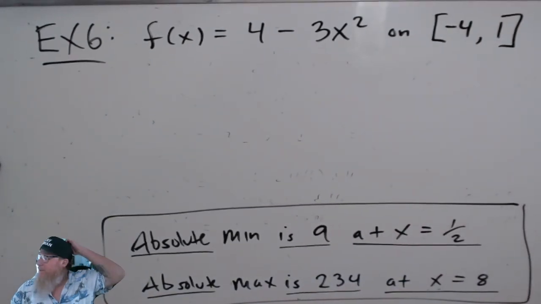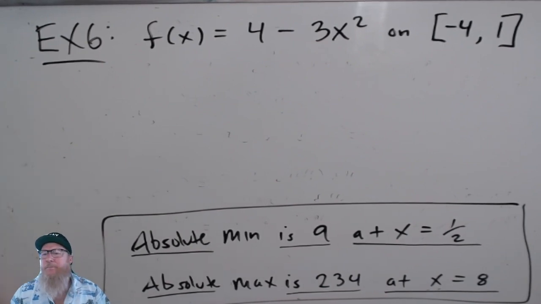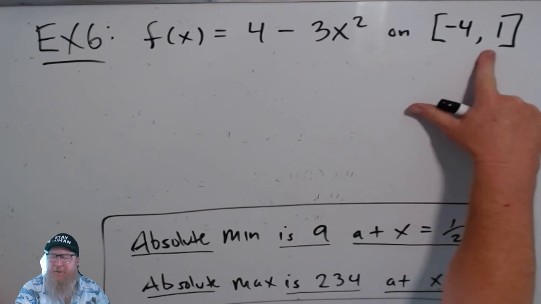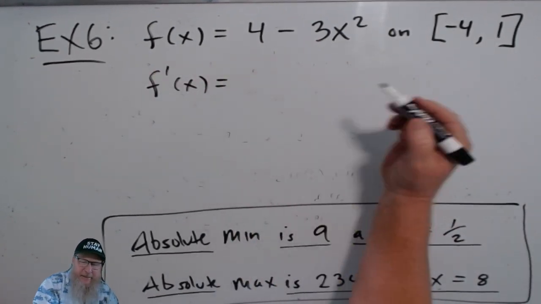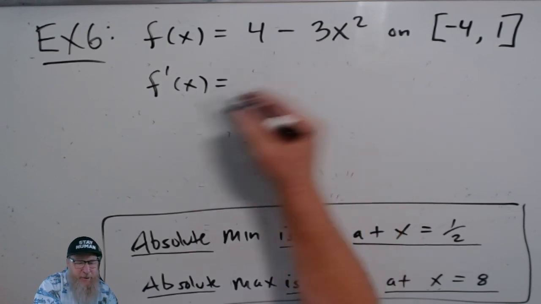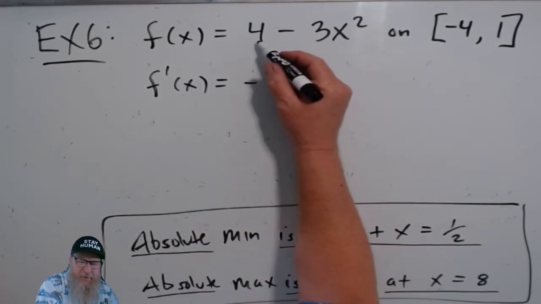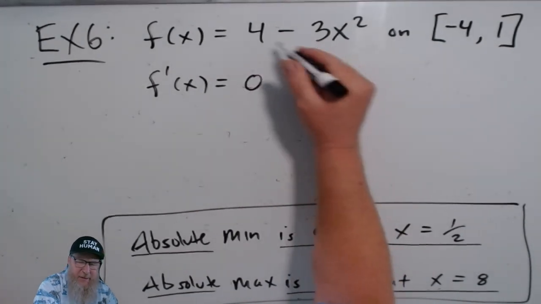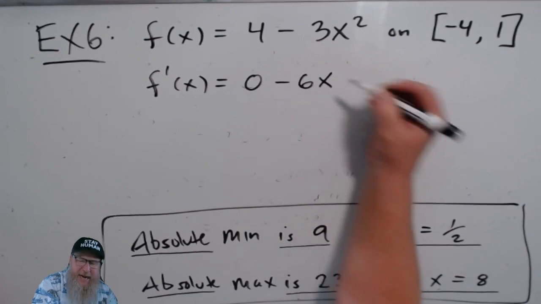So 4 minus 3x squared on the interval -4 to 1. Again, there's A, there's B, and then we're going to find C. And there could be more than one C, but so far there's only been one. So the derivative of 4 is 0. The derivative of -3x squared is -6x.